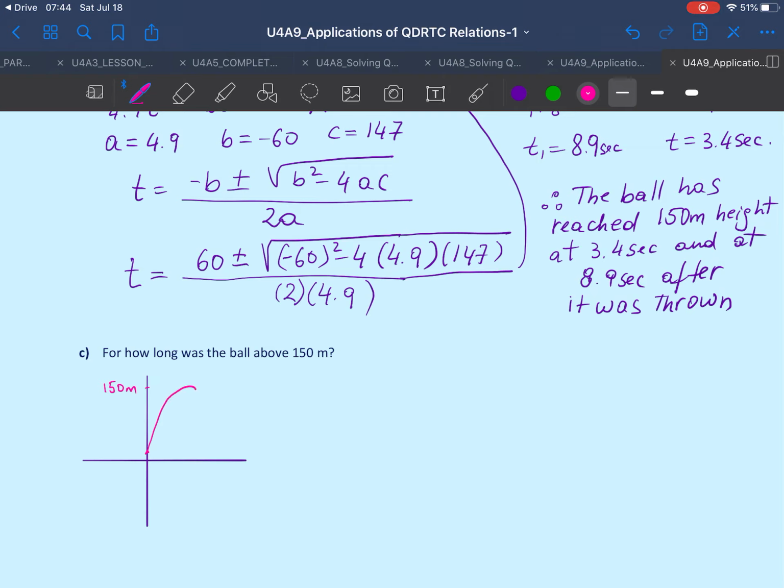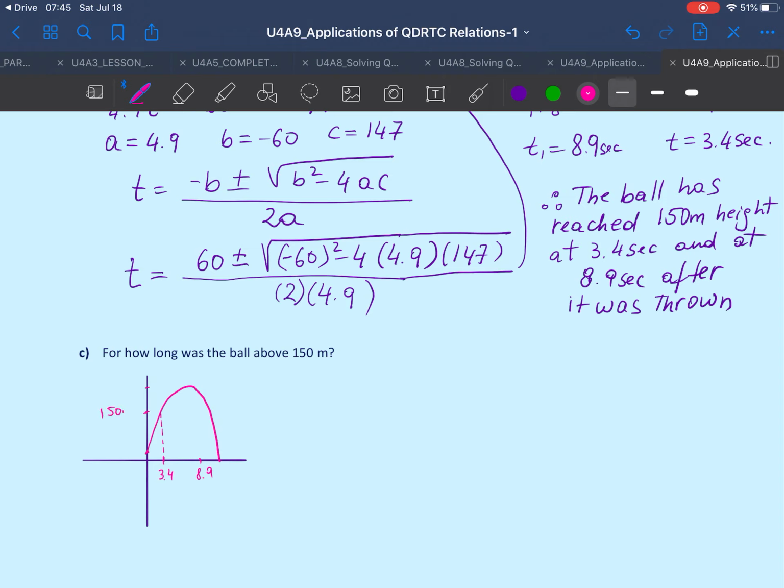And the graph would look like this, right here. Okay, so it's a parabolic shape that opens down. So suppose this is 3.4 seconds, and this is 8.9 seconds, right here. Let me make this a little bit more realistic here.